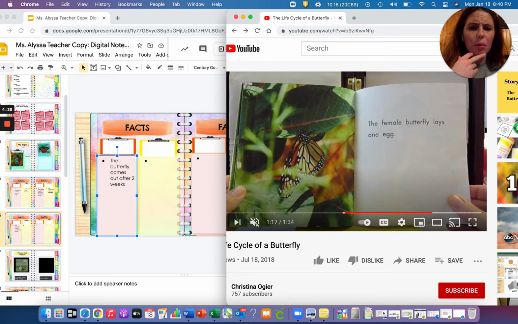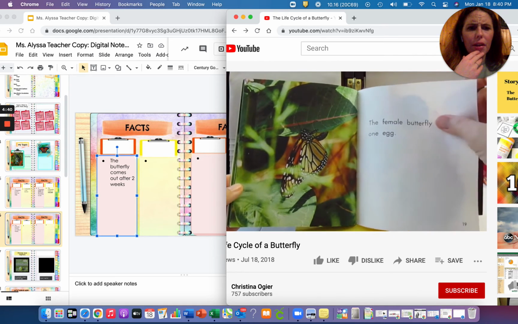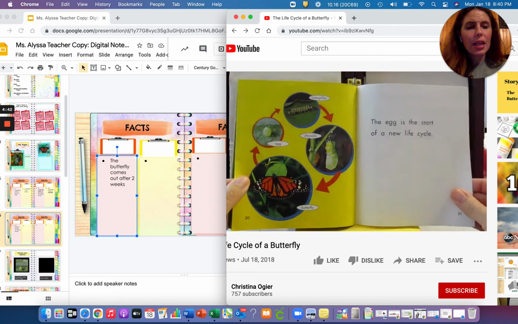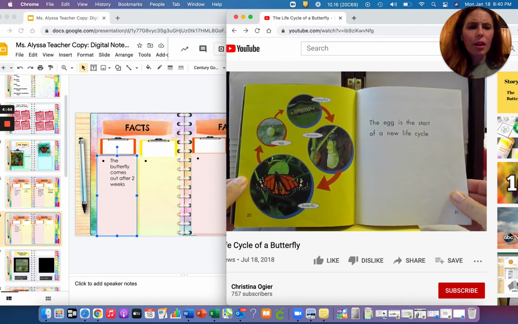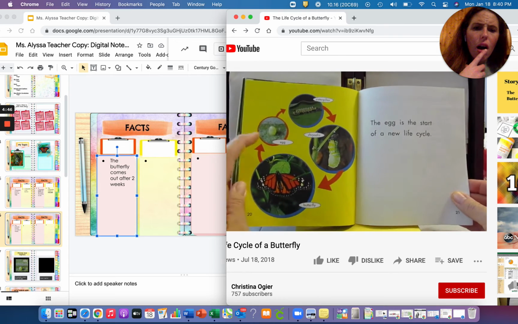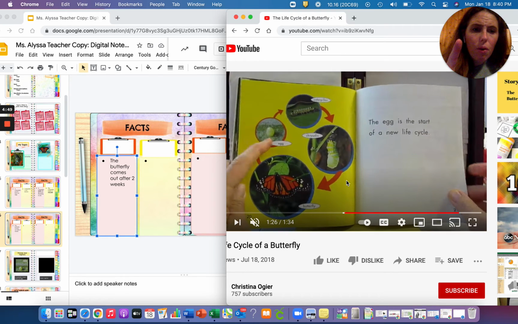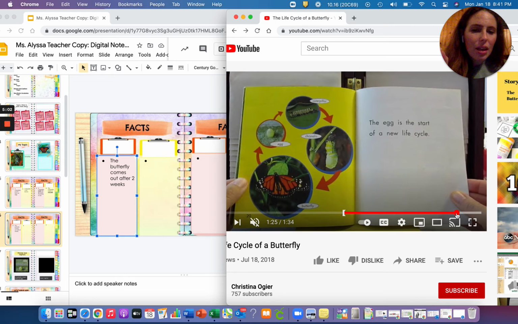Interesting. I'm going to keep reading, see if there's anything else I want to write. The egg is the start of a new life cycle. Now, this reminds me of the cover. It's telling me that the egg starts a new life cycle. And I can see they kind of drew arrows here to show me that this cycle looks like a circle. Well, I could tell you right now, friends, I think that's important.